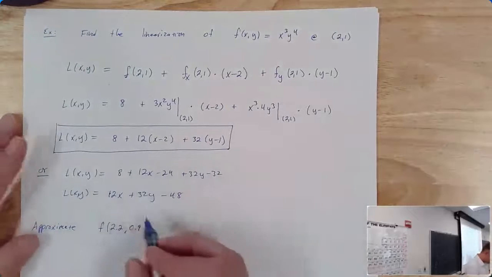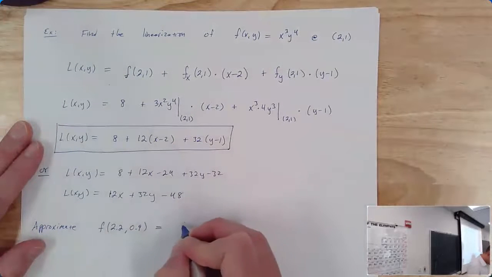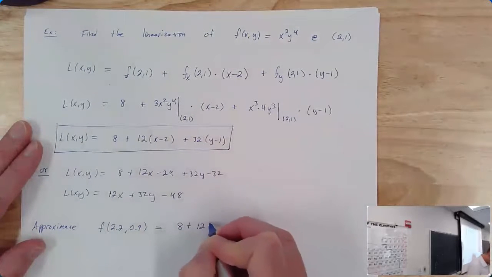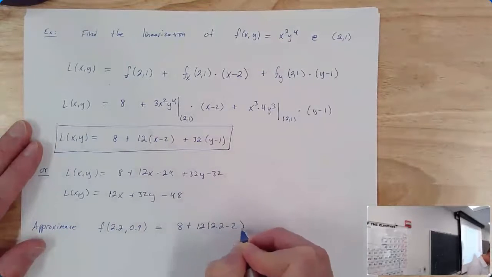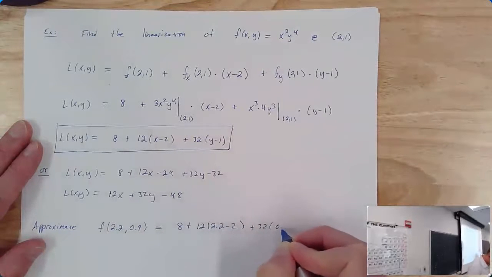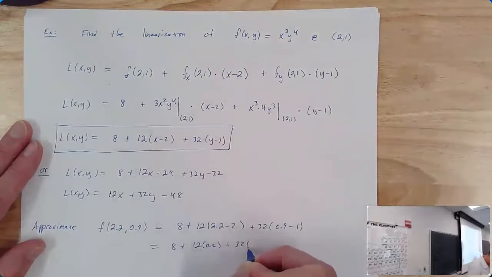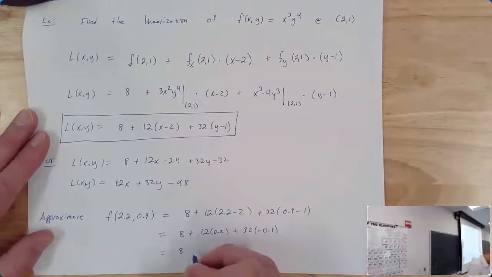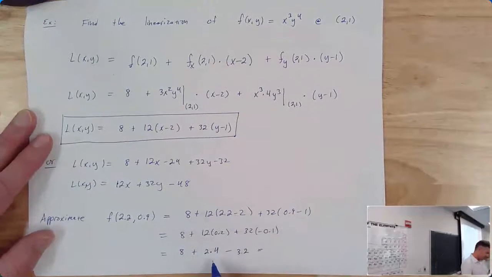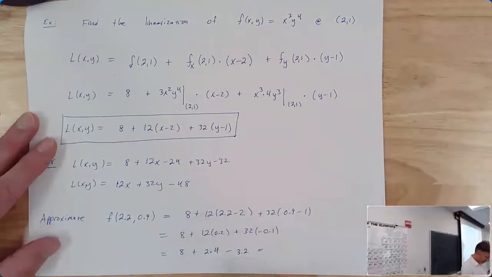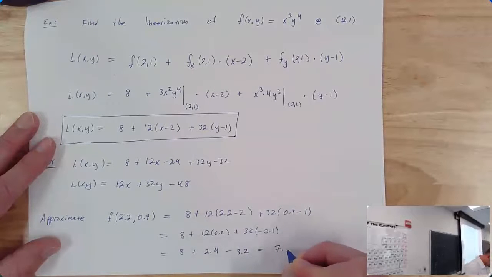So doing it this way, I'm going to get 8 plus 12 times 2.2 minus 2 plus 32 times 0.9 minus 1, which is 8 plus 12 times 0.2 plus 32 times negative 0.1, which is 8 plus 2.4 minus 3.2. 2.4 minus 3.2 is negative 0.8.